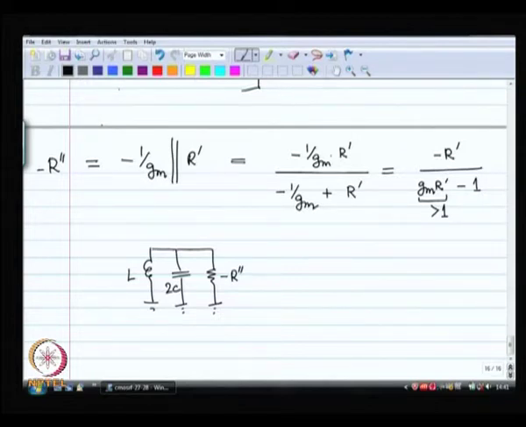What happens here? What kind of a system is this? I have got a negative resistor in shunt with an inductor and a capacitor. What do you expect to have?